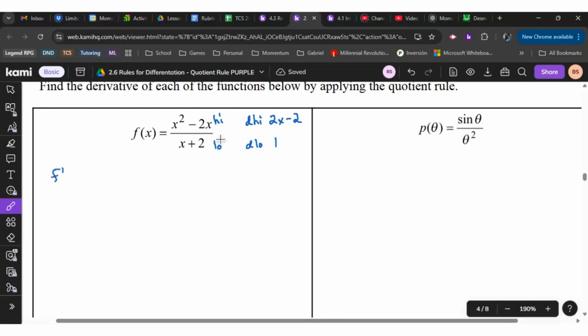So now we can find the derivative doing low d high minus high d low over low squared. So low, x plus 2, d high, 2x minus 2, minus high, x squared minus 2x, d low, that's 1, all over low squared.